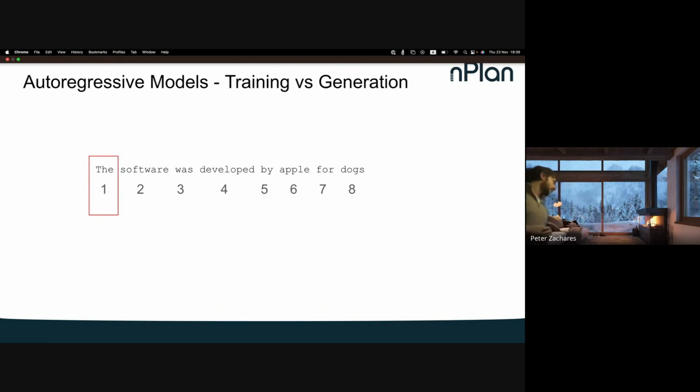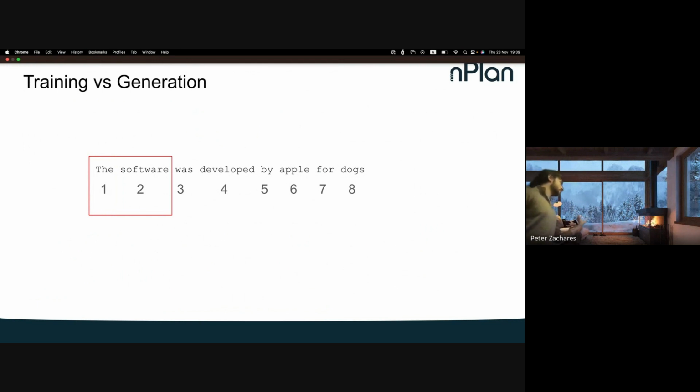But at generation time, like we talked about before, you start with the first token and generate the second, and then you take the first 2 and generate the third, and so on. So there's a difference between training time and generation time because of this autoregressive generation.